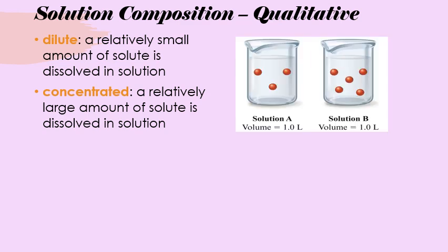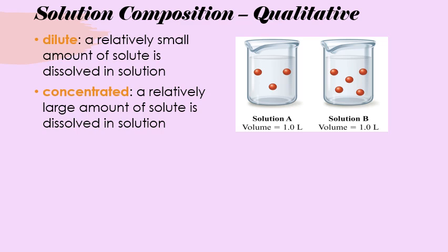So here we have two beakers, solution A and solution B, and you can see relative to each other, solution A has fewer particles dissolved than solution B. So here we would say solution A is more dilute than solution B. Solution B is more concentrated than solution A.